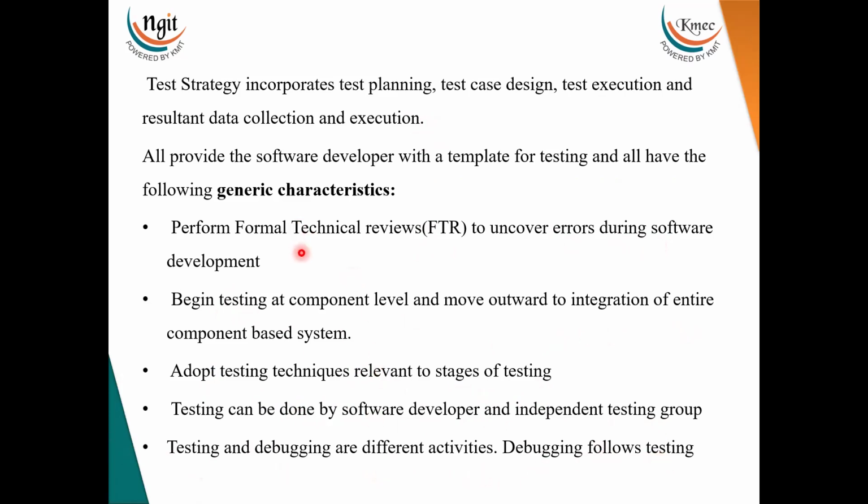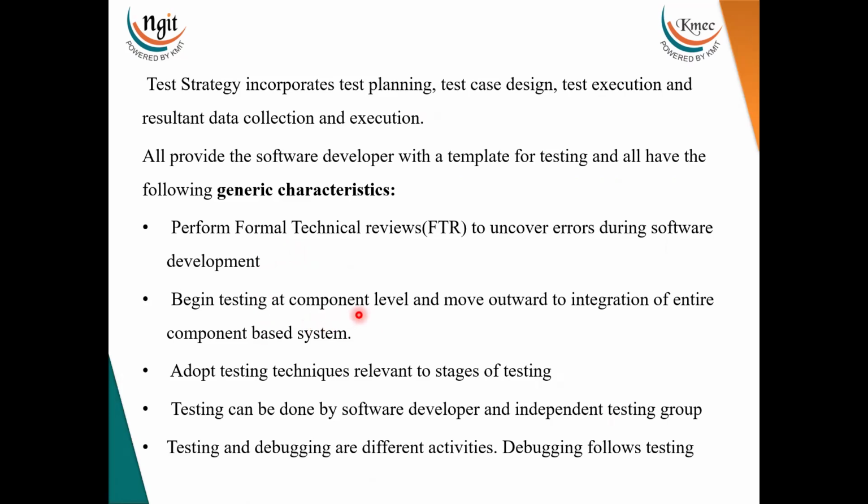So the generic characteristics mentioned here are, first, to perform formal technical reviews, which means as a first step, we do these formal technical reviews to find the errors in the early development stage. Then the second point says we start testing from small components.